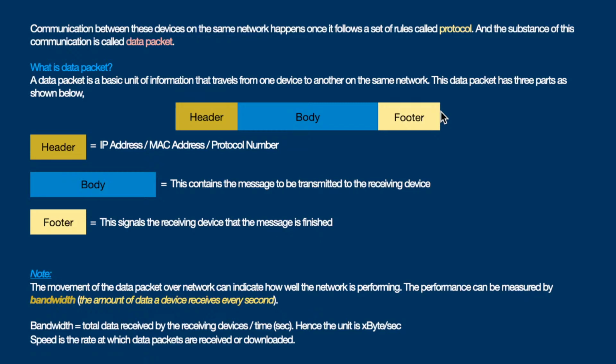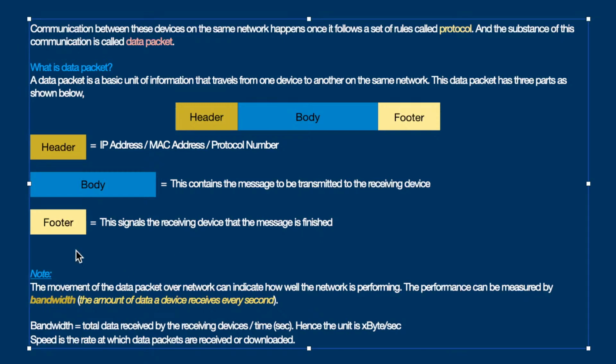The footer shows us that this is the end of the message. This happens in serial form as it enters. When it reads the last bit of the data packet, it signals the receiving device that everything has been sent.